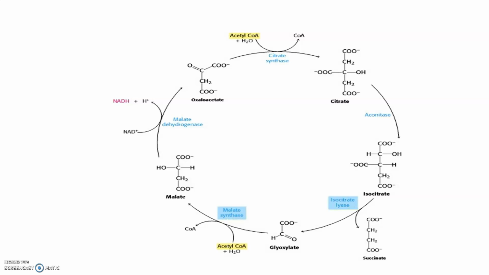Then this isocitrate can be converted to succinate, or by isocitrate lyase converted into glyoxylate. Next, glyoxylate is the key metabolite. The glyoxylate, with the help of the enzyme malate synthase, results in the synthesis of malate.